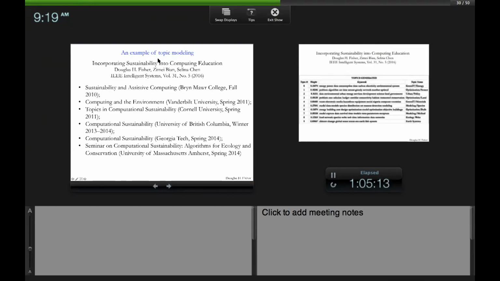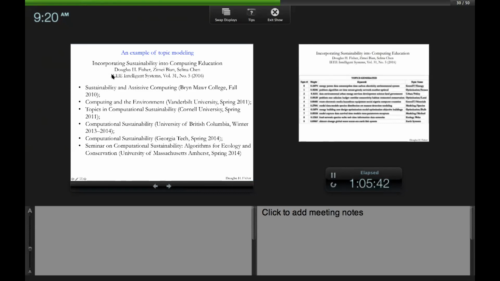So here's an example of how you might use topic modeling. This is just an analysis that we did of courses that are on computing and sustainability. And all of these courses are seminar courses, so they require that the students read lots of papers from journals and conferences.